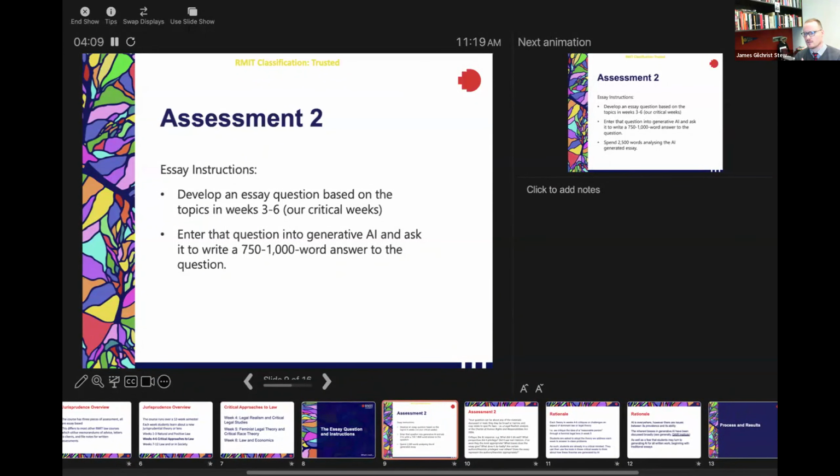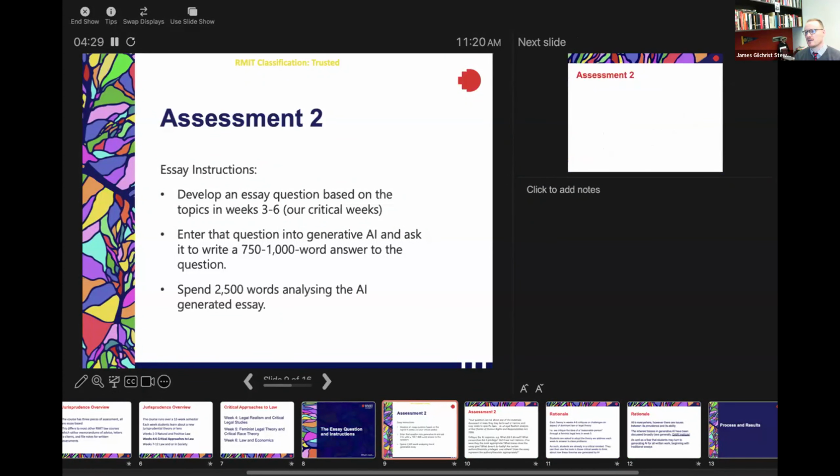We've got a range of student ages, from those in their early 20s to some in their 40s, and so ChatGPT is what we're going to. Some are using Google, some are using other generative programs. Any really is fine. The main thing is we get them to generate an essay based on the question that they've workshopped, and then they spend 2,500 words analyzing the AI-generated essay.